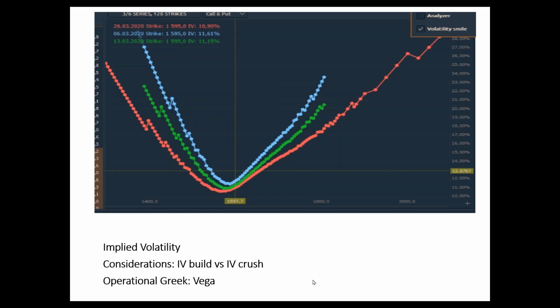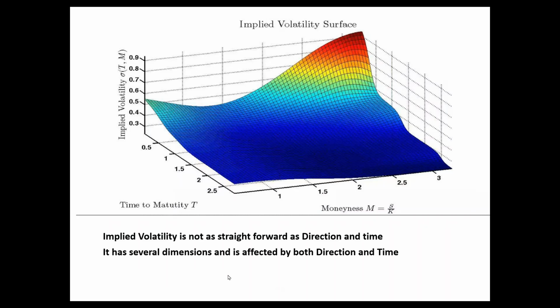Implied volatility: how much will IV change as I approach the earnings event, and how much will IV crush once the earnings news is out? We've talked about this in great detail recently in previous webinars. The operational Greek here is Vega. This is a diagram just to illustrate how implied volatility is multidimensional.